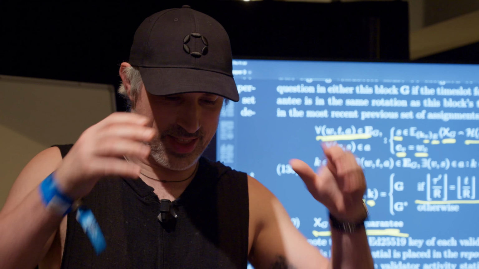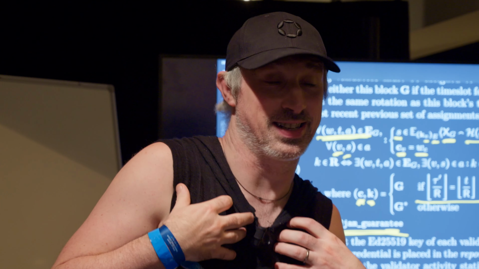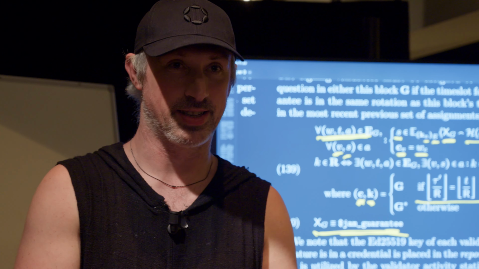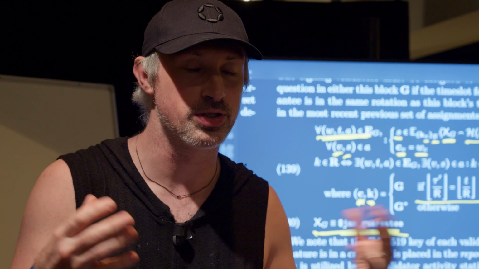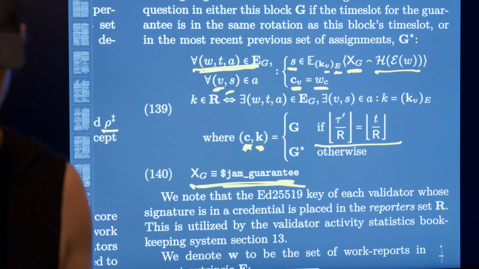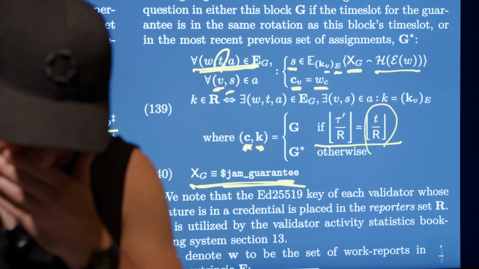It's to let the chain know that these are the signatures, it's my signature, not this other guy's signature, because it could be one of two different guarantor sets. It could be one from the current rotation, one from the previous rotation, and so we need to know which one. That's why there's a T here.